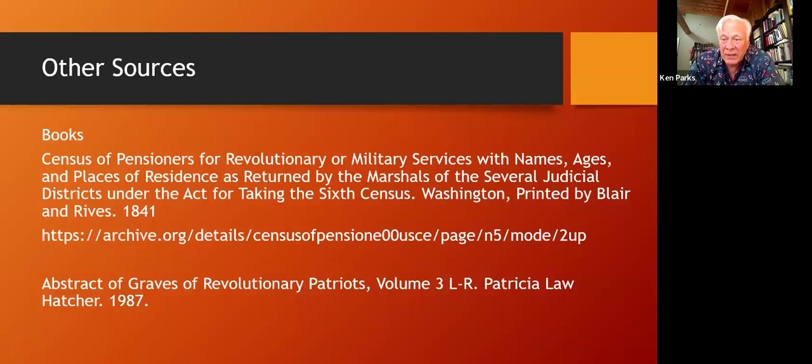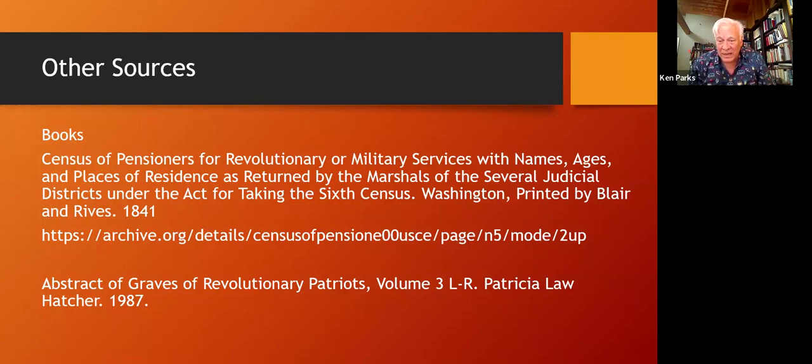There was a census taken in 1840 or 1841 of any living Revolutionary War veterans, and it gives you a lot of information about what state they were living in, what county within that state, their age at the time, and the name of the heads of the families that they were found in the 1840 census.